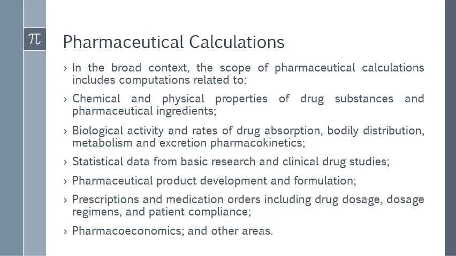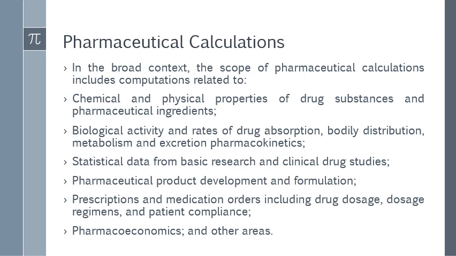There are specific methods available for the calculations of the absorption, distribution, metabolism, and excretion of the drugs. And without the use of those calculations and formulas, the determination of the biological activity of the drug will be impossible.